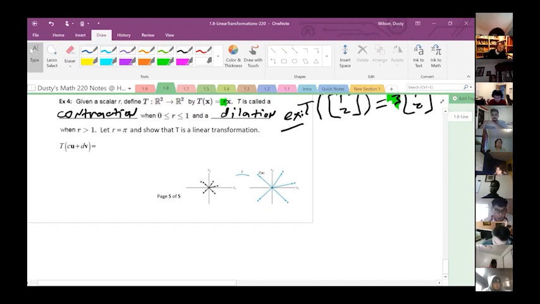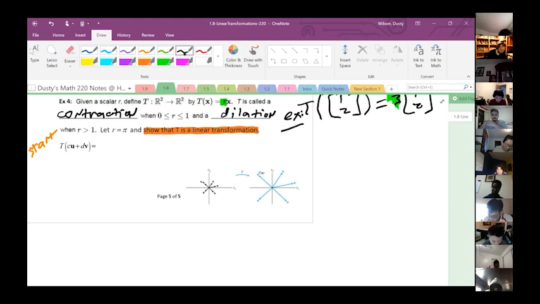But this is one important example. I want to show that T is a linear transformation. To show that, you're going to start with T of CU plus DV, and work your way through to show that the other side holds. We're doing this for r equal to pi.